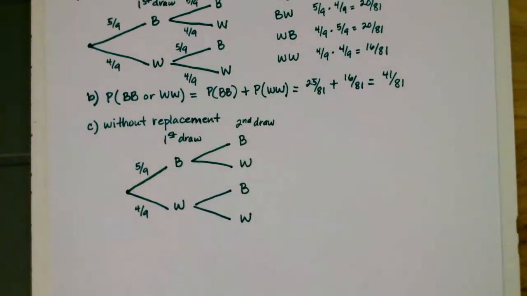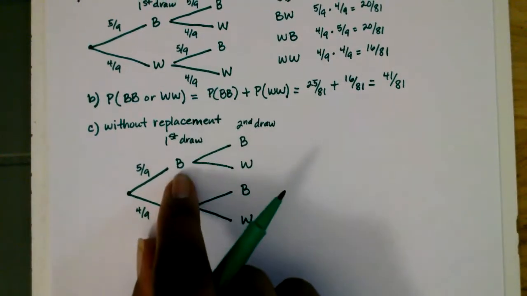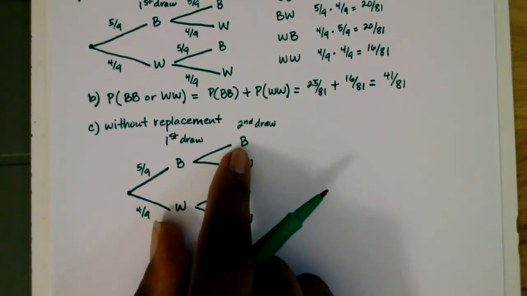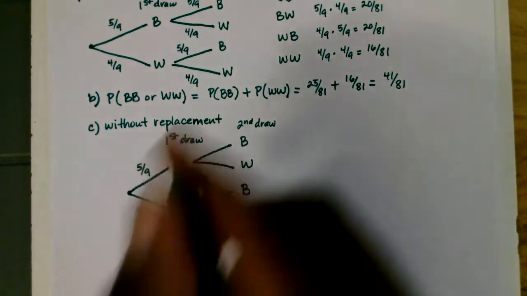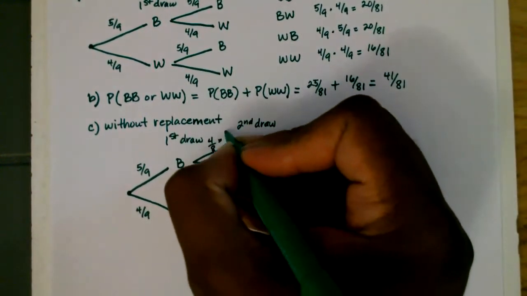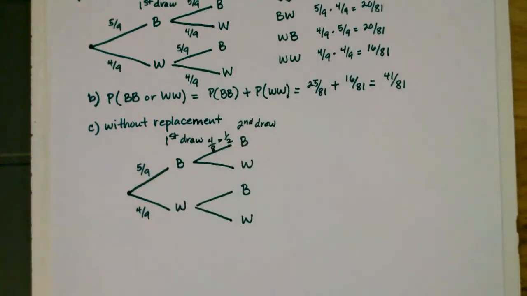Now, the probability is going to change here. If the first ball that we draw is a black, that means instead of 5 black balls, there are now going to be 4 black balls. And instead of 9 total balls, it will be 8 total balls. So the probability of selecting a black ball will be 4/8. And 4/8 reduces to 1/2.